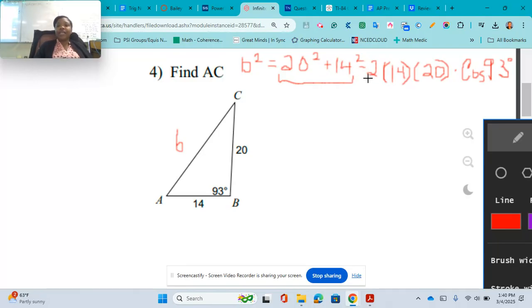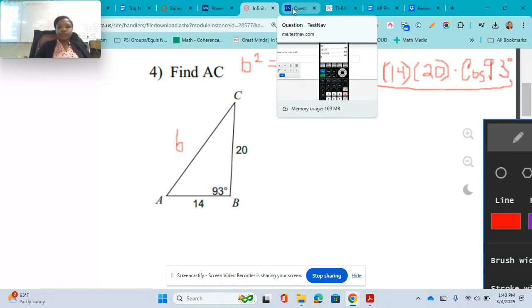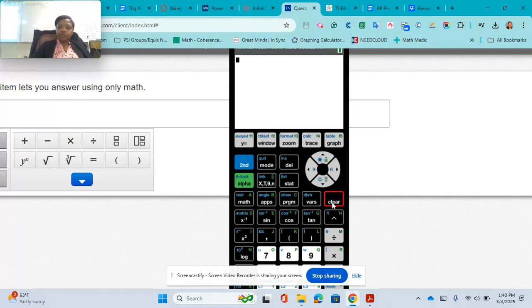And then we're going to put the negative 2 times 14 times 20 times the cosine of 93 together. 20 squared plus 14 squared. All right, we end up having 596.